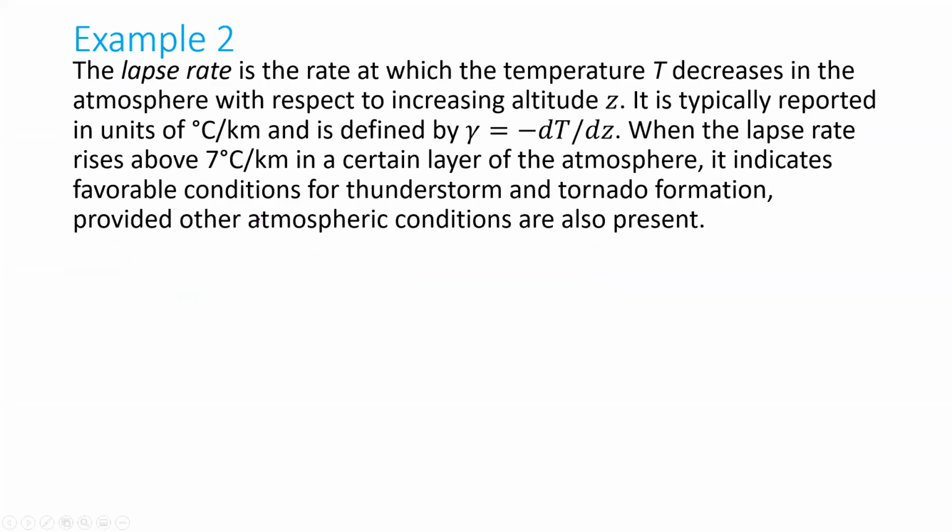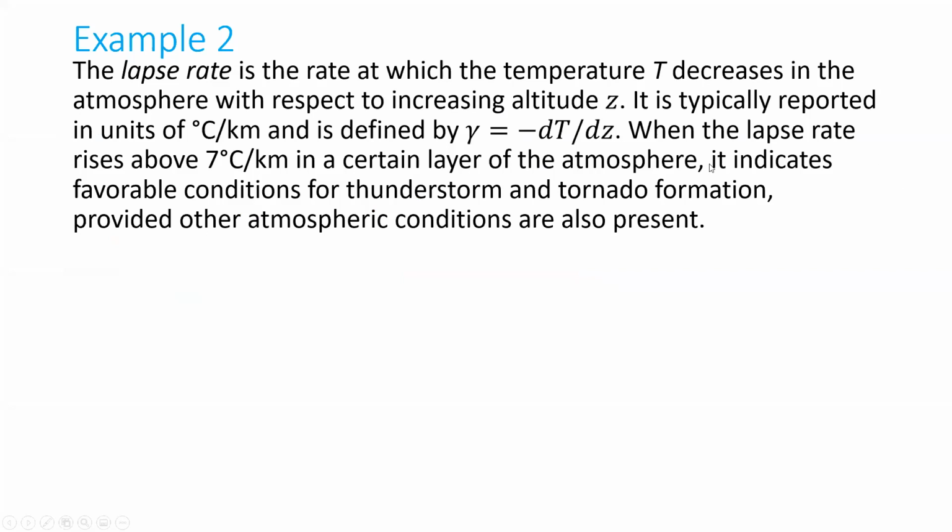Okay, so this one sets it up by defining something called the lapse rate. It says the lapse rate is the rate at which the temperature T decreases in the atmosphere with respect to increasing altitude z. It is typically reported in units of degrees Celsius per kilometer and is defined as gamma equals negative dT over dz.